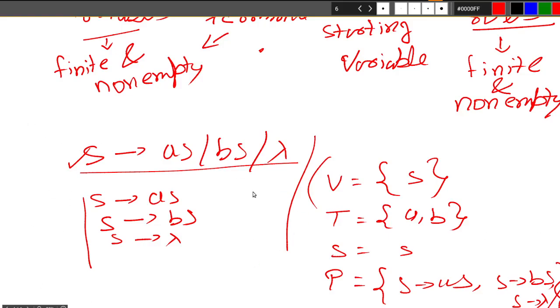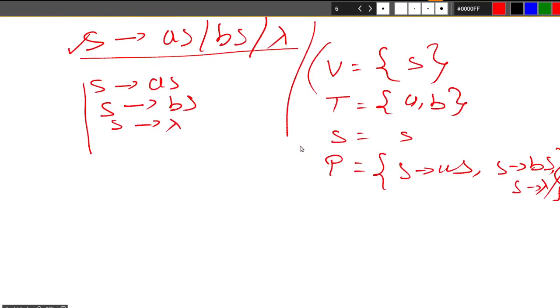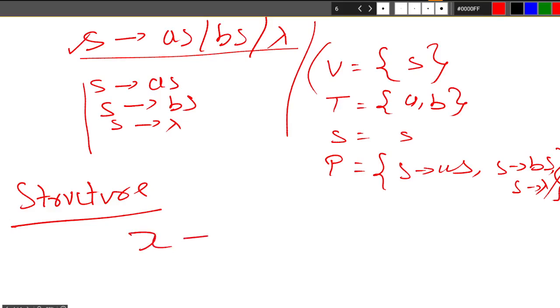So every production rule, like S gives aS, if you are writing the structure of a rule, it will be in the form of x gives y, where x is an element of something.